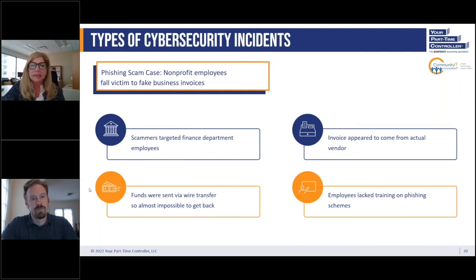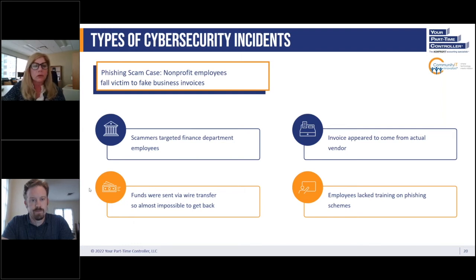Clicking a bad link, downloading what seems to be a safe Word or PDF document, could put your hard-earned fundraising dollars at risk. And so, what these scammers do to make their request appear legitimate is they use details and information specific to the nonprofit from information that they may have obtained from your email or newsletter or elsewhere.